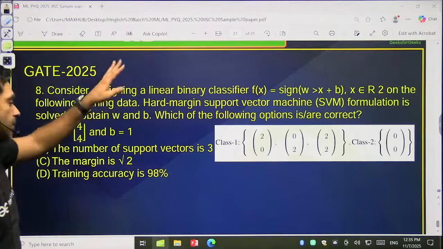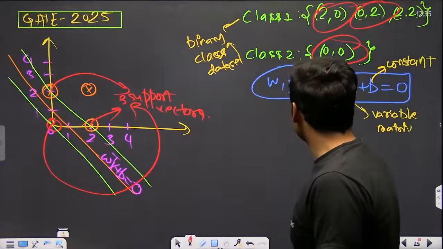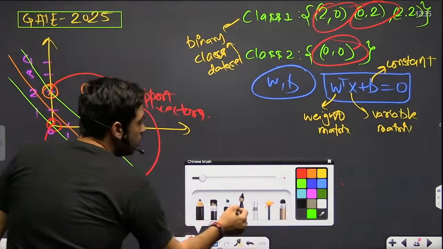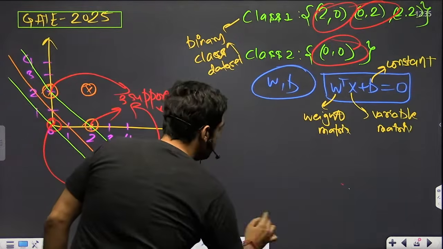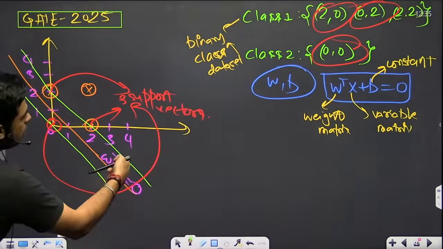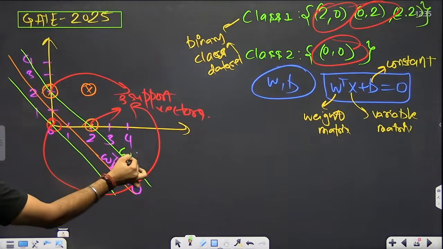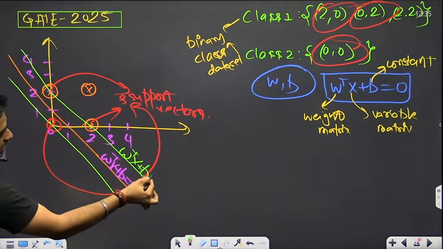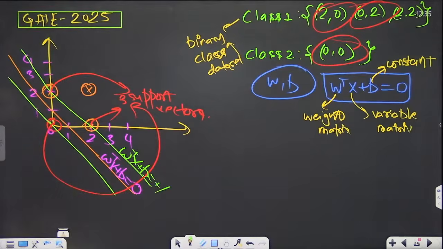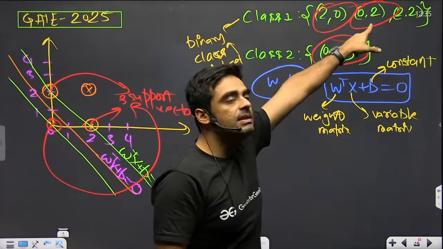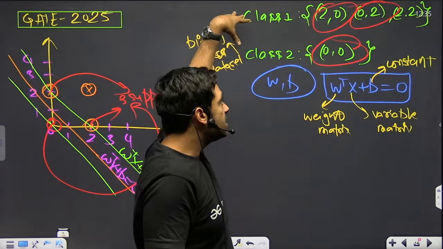Okay, now let us see the other options. What is the equation of this support vector plane? Weight transpose into x plus b equals +1 if I consider this as the positive support vector plane, this class as positive.